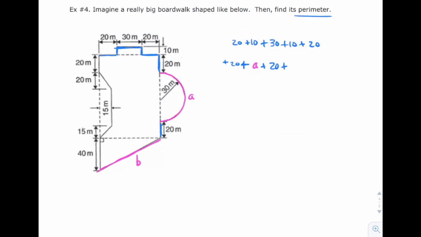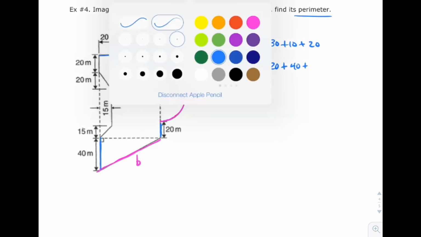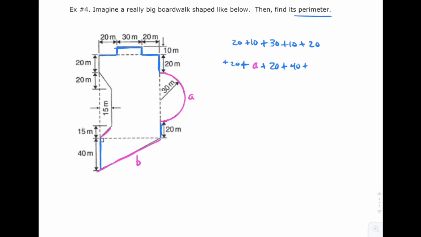Now let's walk along this distance here, which is given as 40. And then, oh, for heaven's sakes, they didn't give us that. We're going to have to figure that one out too. So I don't want to figure it out right now. I'm going to save it for later. So I'm going to call that distance C. And I'm noticing that this distance here is not exactly given to us either.